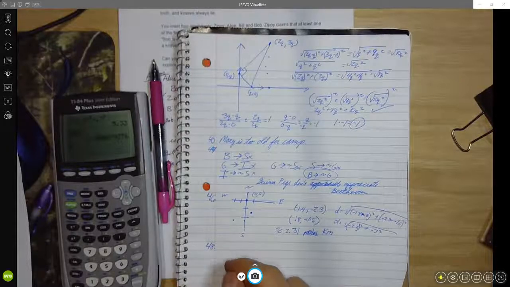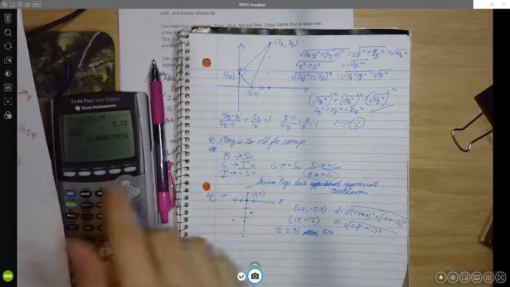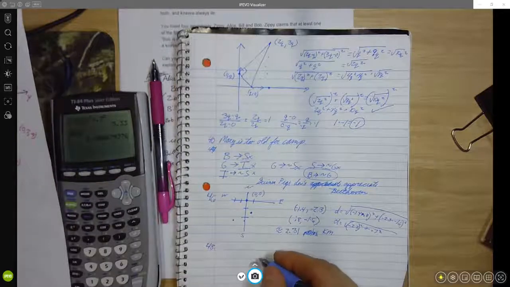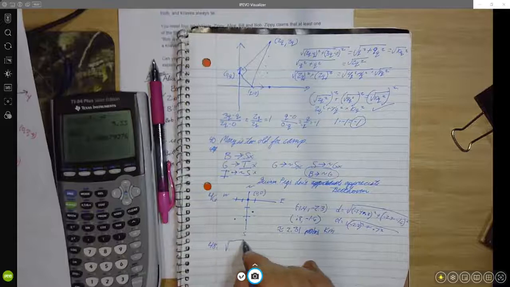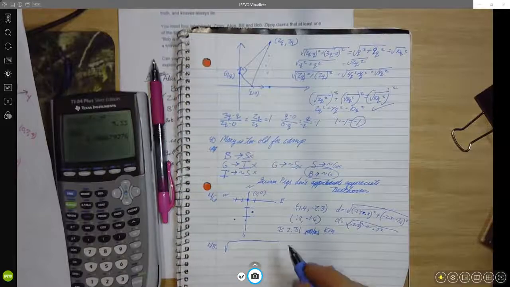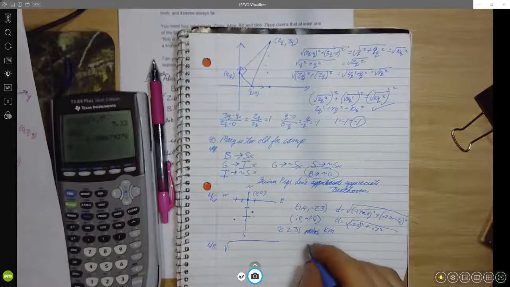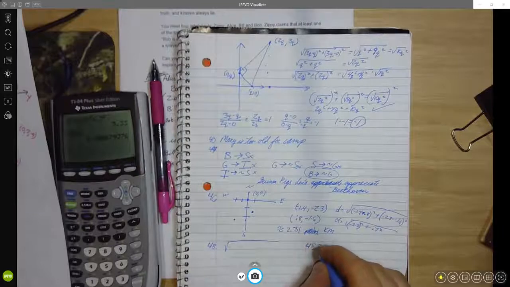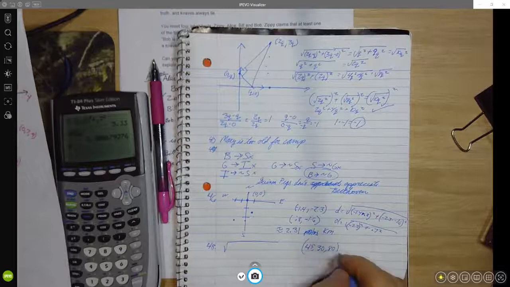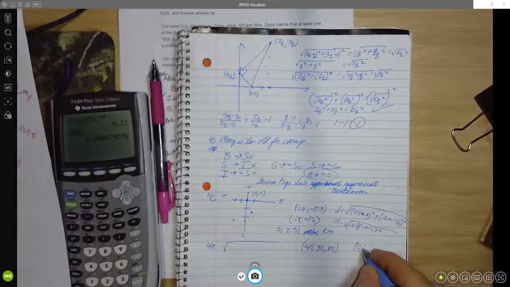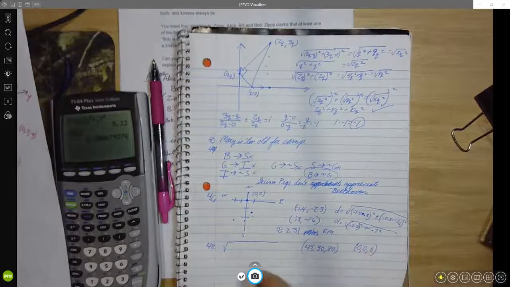48. A wooden crate is 45 by 30 by 80. What is the length of the longest straw that will fit in it? So basically, you're just doing the 3D distance formula as if the other point was 0, 0, 0. So you're saying the one point is 45, 30, 80, whatever order you want, and the other point 0, 0, 0, then use the 3D distance formula.